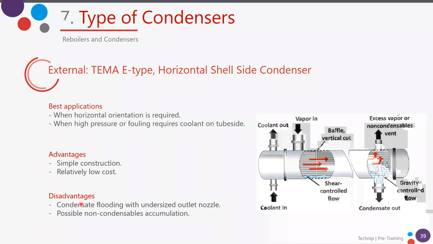Another disadvantage is possible non-condensable accumulation. It means that we also have to design the correct nozzle size to have good evacuation of the non-condensables. So this is TEMA E, with the condensing taking place on the shell side.